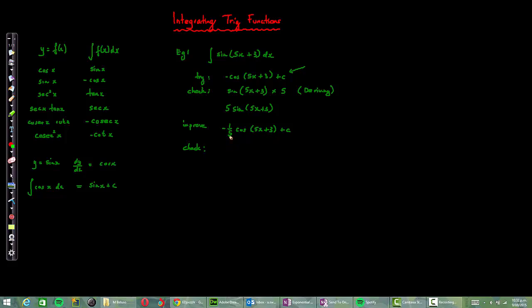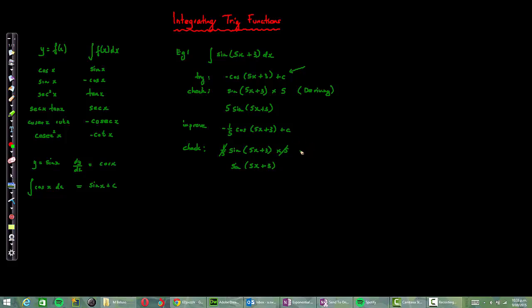So the derivative of negative cosine, remember, is positive sine. So this will be positive 1/5 sine 5x plus 3 times our 5, and the 1/5 and the 5 cancel, and we've got back to our original function, which is what we're after.